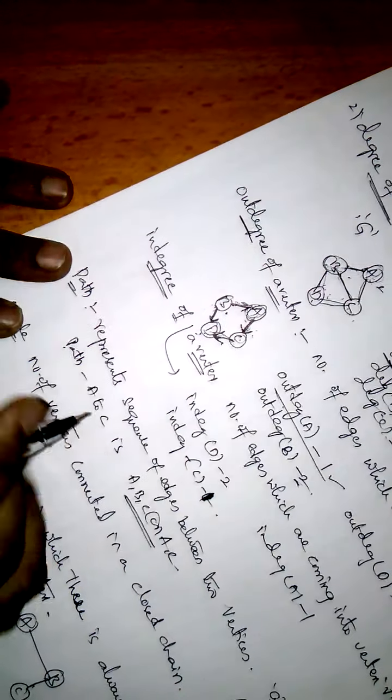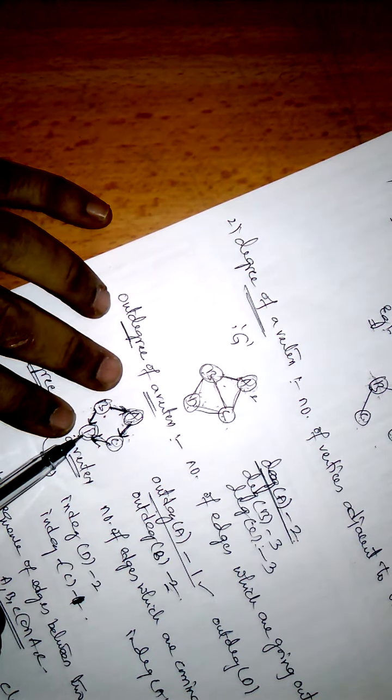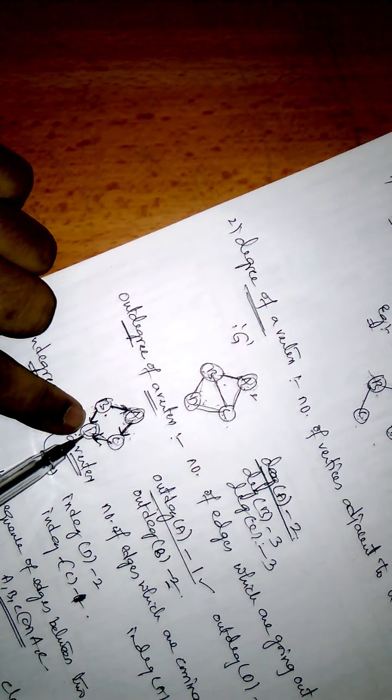Then what is path? Path represents the sequence of edges between two vertices. If we take the same graph, what is the path between A and D?